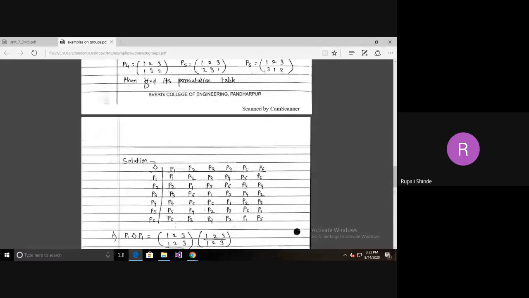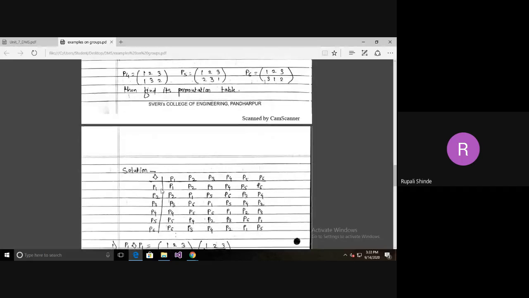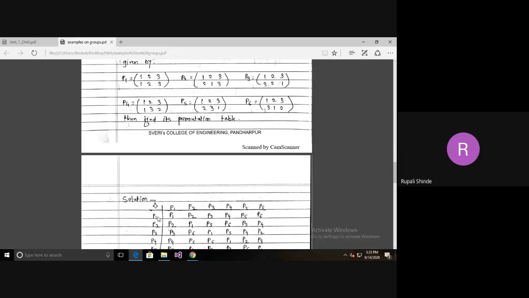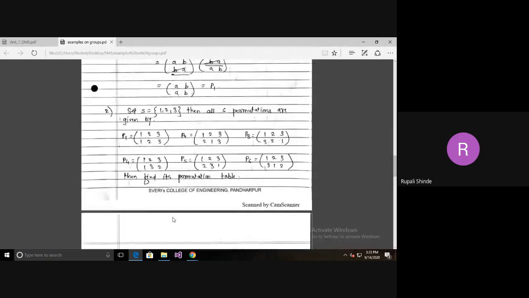So likewise you have to find all these permutations. Take 10 minutes and check all of them. I have shown just one here, P1 with permutation P1, and the result is P1, that's why I have written P1 here. So likewise you have to solve it.